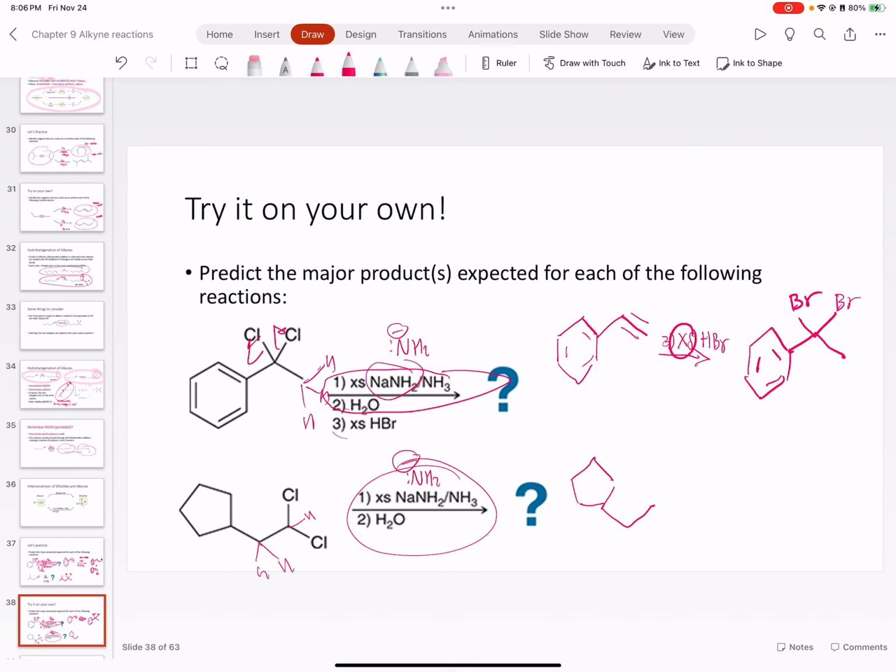Here I have a strong base, therefore I'm just going to create a triple bond from that. So I have 1, 2, 3. Okay, perfect. And I would end up with something like this.